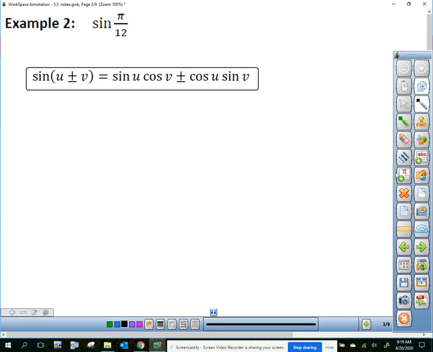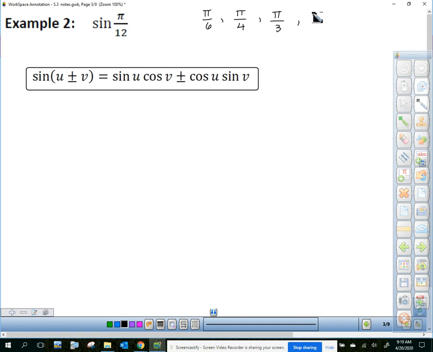All right, in example 2, this one though is in radians. So we've got a little extra step here because you don't know pi 12ths and you don't know everything as pi 12ths. So I'm going to go ahead and make a little side note here about my reference angles that I know on the unit circle in radians. And I'm going to rewrite those as 12ths.